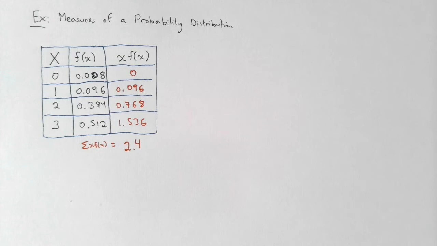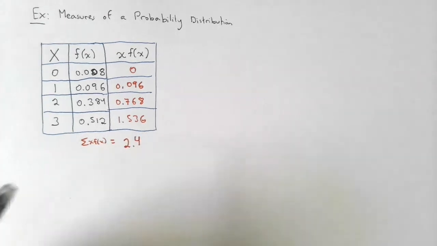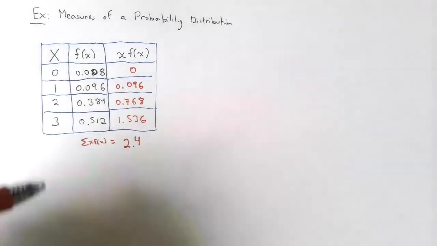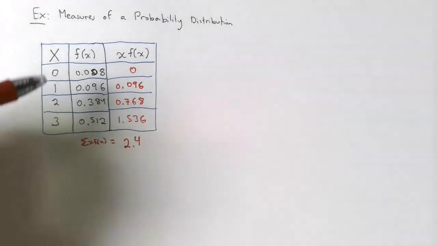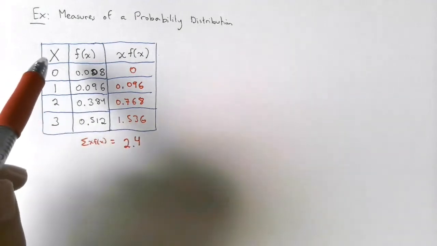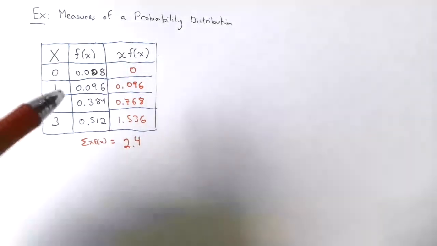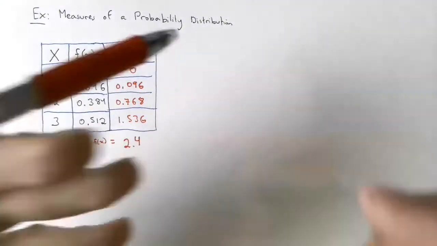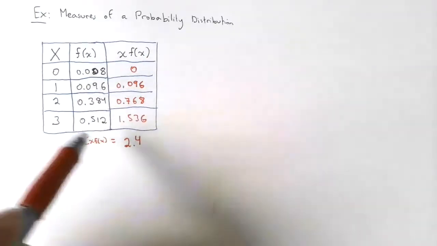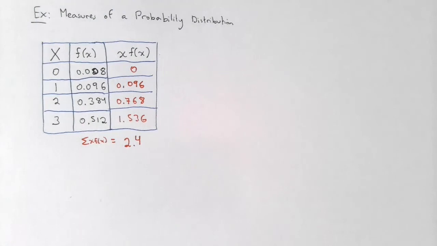Now, one thing we want to realize: just because the mean is the center of the probability distribution, in other words my values tend towards that value, that doesn't mean the mean has to be one of the possible outcomes. In fact, we can see here that the mean is not one of these outcomes. My outcomes are tending towards 2.4, but none of them are actually 2.4.